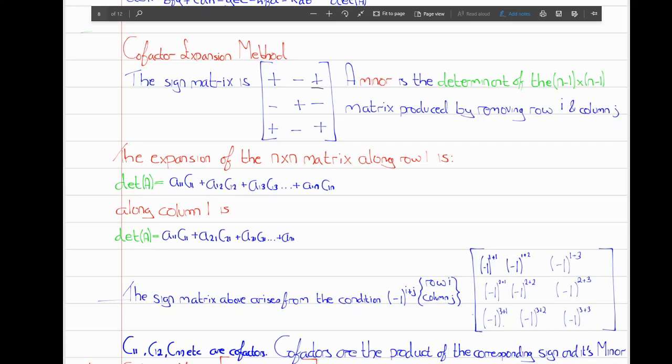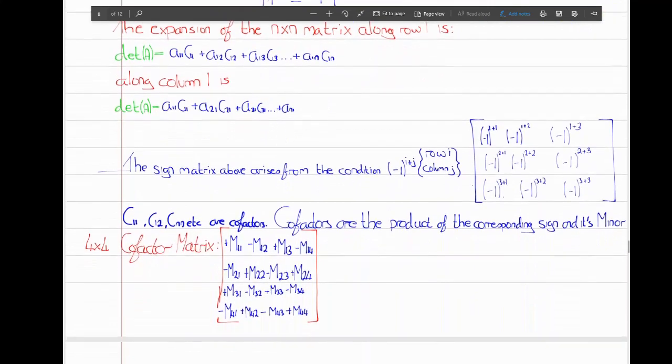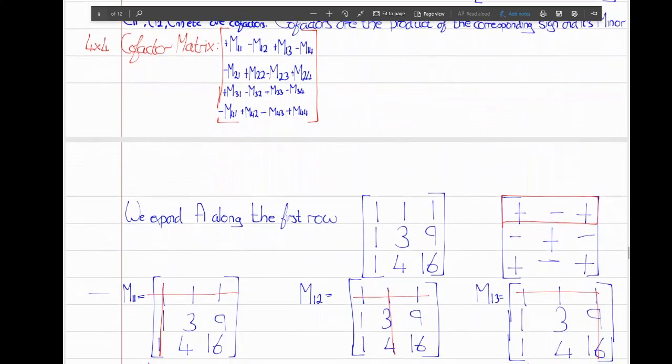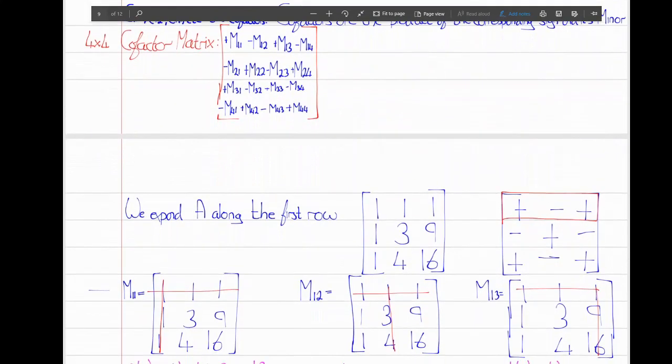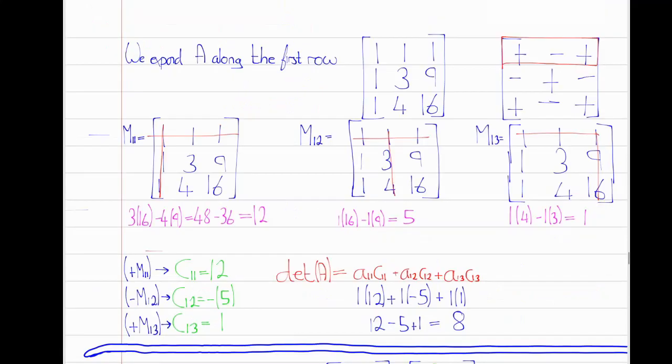They're the product of the corresponding sign and the minor for that particular component. So for example, a 4 by 4 cofactor matrix is going to be plus big M11 minus big M12 plus minus and so on.